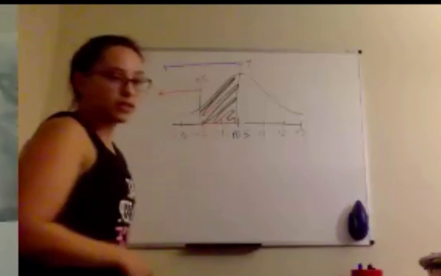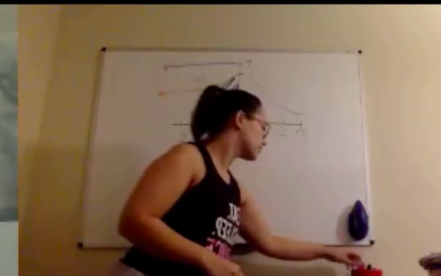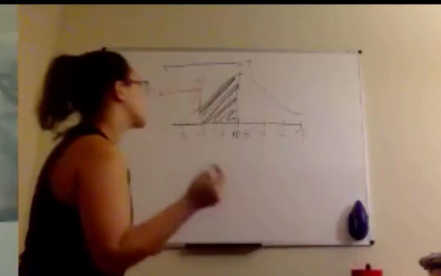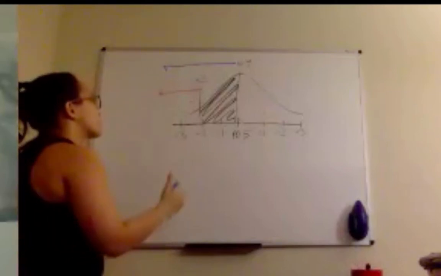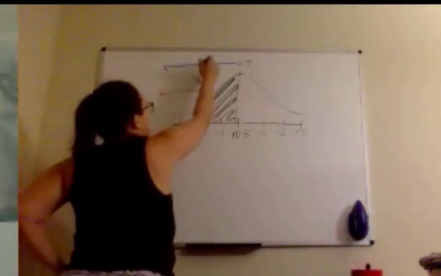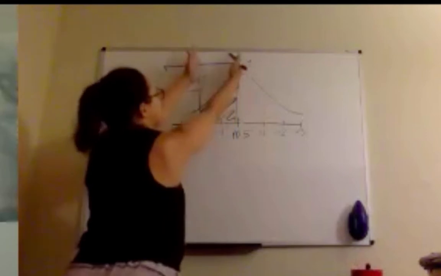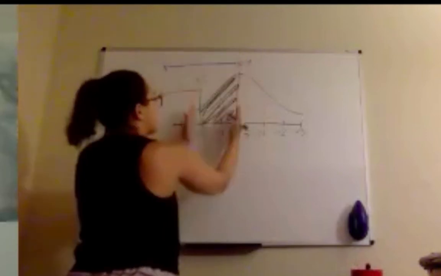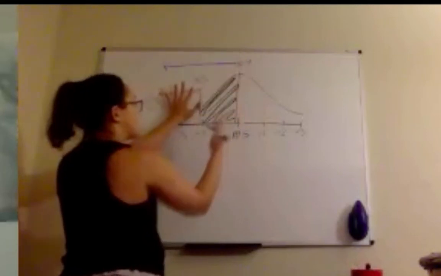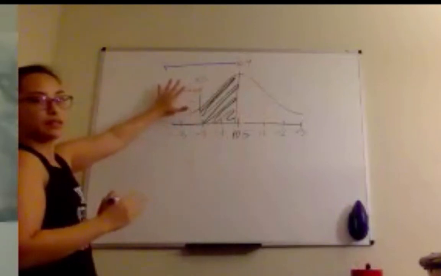So what we want, I don't know if you guys are able to differentiate purple from blue in your video, is this middle part minus what the area would be on this side.